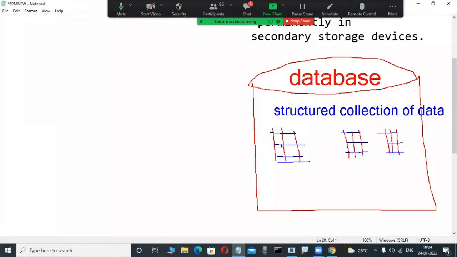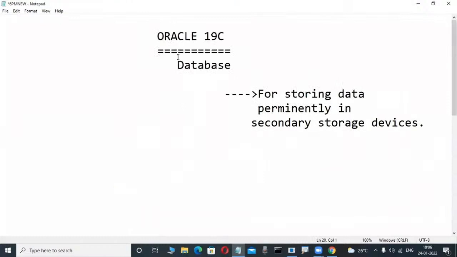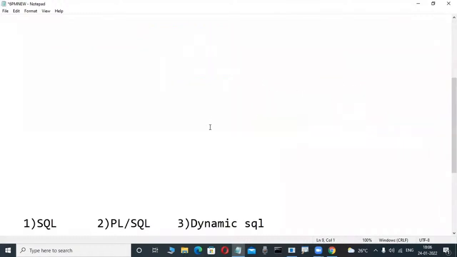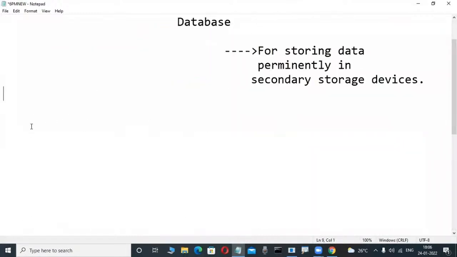Once a structured collection of data is there, for handling and operating this data, which language do we use? Very good. SQL, Structured Query Language. That's why these databases are implemented based on the relational data model. What is that? Today I will tell you. Oracle, SQL Server, DB2, Sybase, MySQL, all these databases are implemented based on the relational data model.